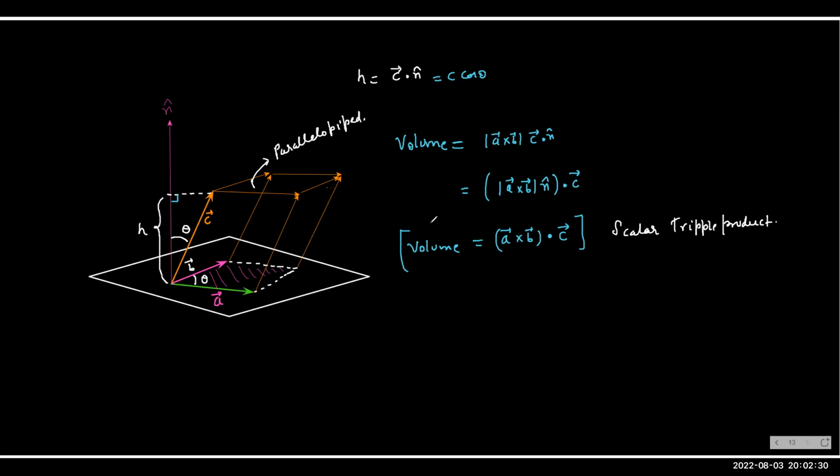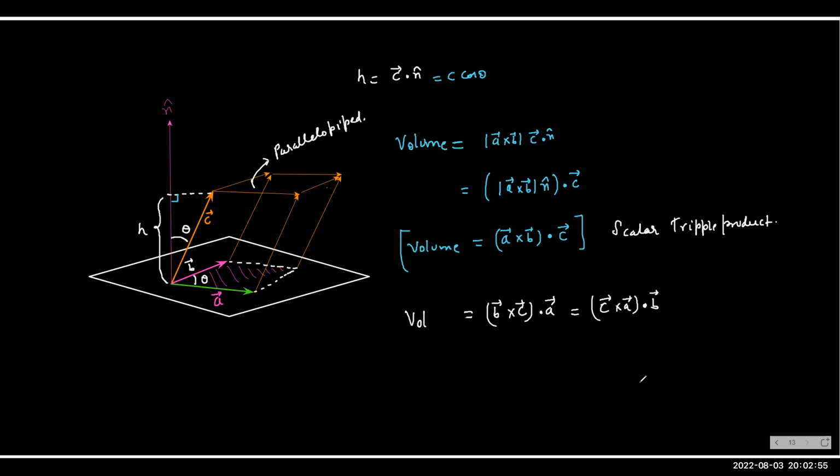So what we can say is that the volume can be represented in a cyclic order in three possible ways: A cross B dot C, or B cross C dot A, or C cross A dot B. The order is very important.